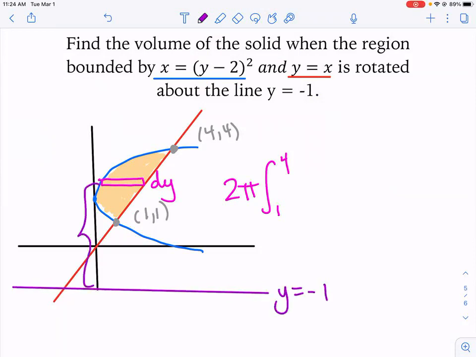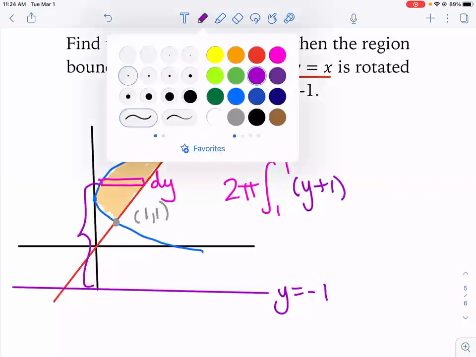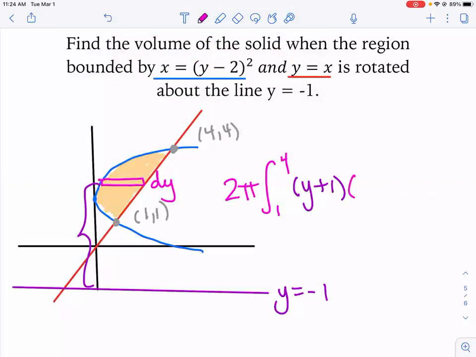So this distance is y minus -1 or y plus 1. Then the height of our rectangles will always be right minus left if we're doing a dy. So y minus 2 squared. Now this is one I would not ever make you integrate by hand.